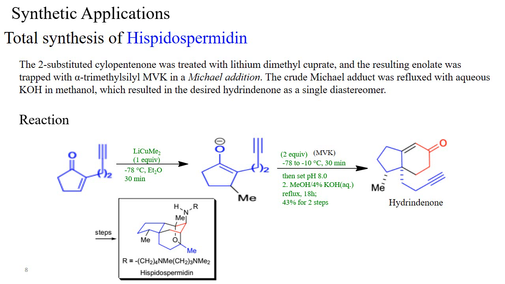That beta hydroxyketone upon dehydration gives us this hydrindenone product in a good yield. This hydrindenone, after passing through several steps, is converted to the hispidosupermidine compound. This is an important organic compound.